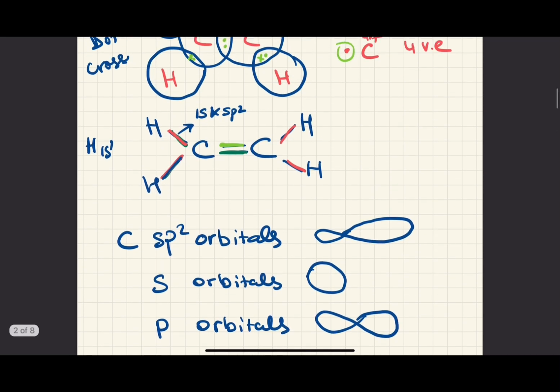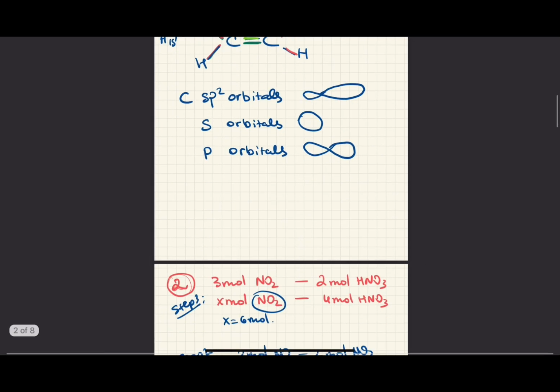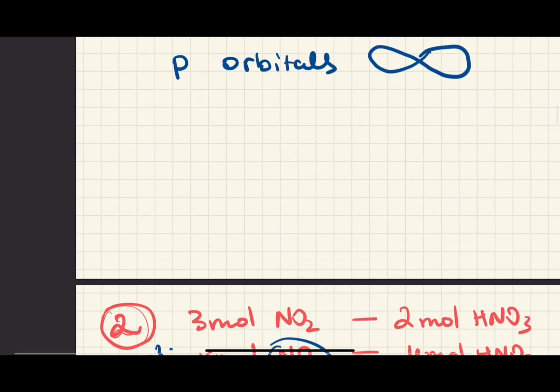Now, in here, the sigma bond that is made between carbon and hydrogen is made from 1s of hydrogen and carbon's sp2.